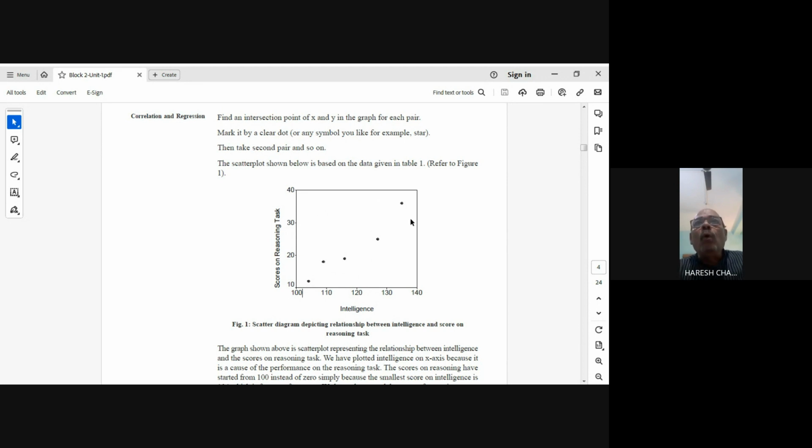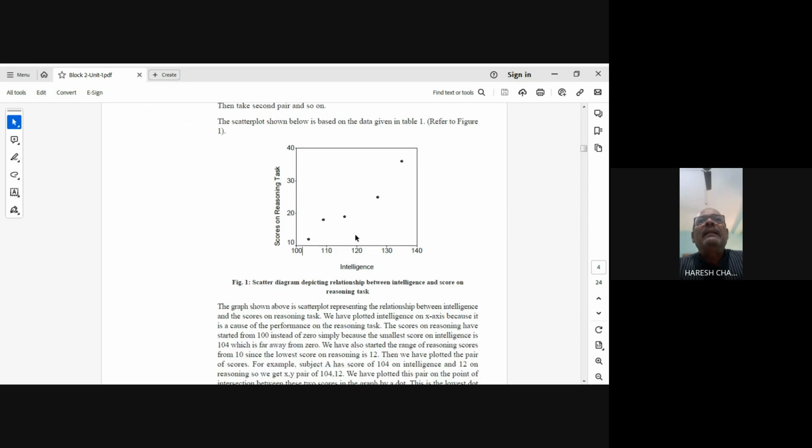And if it is scattered, with no specific direction, then there is no correlation. There are four different kinds of situations. One, positive correlation, where the movement is from below to upward.